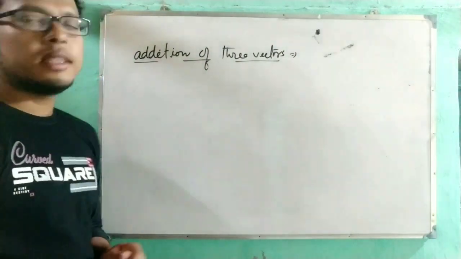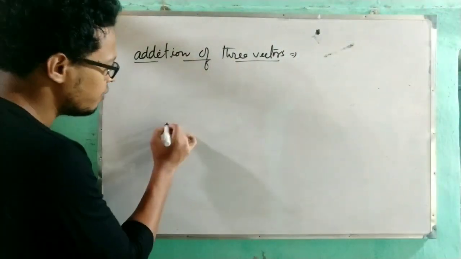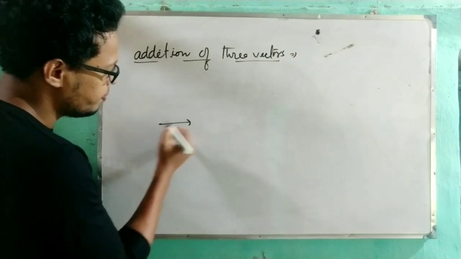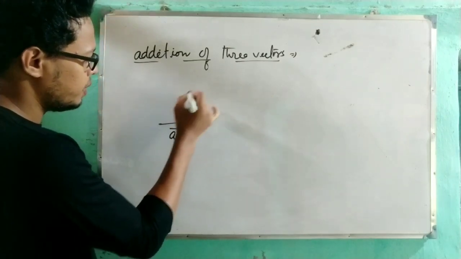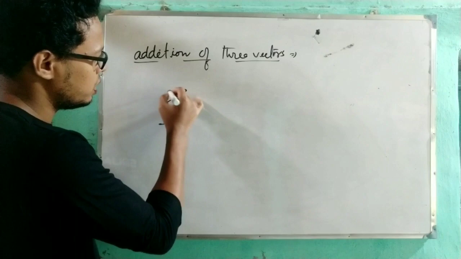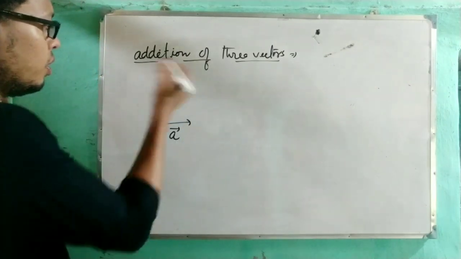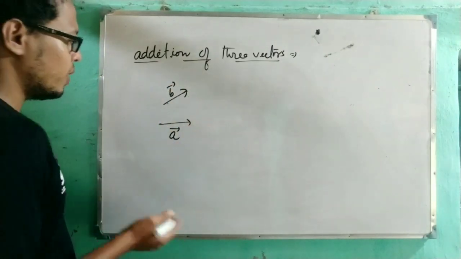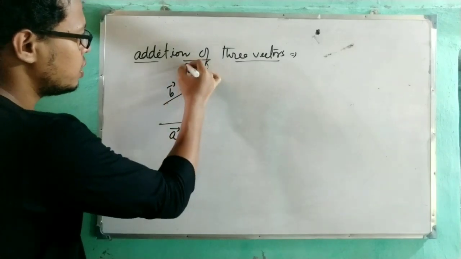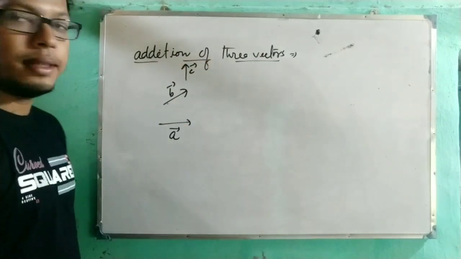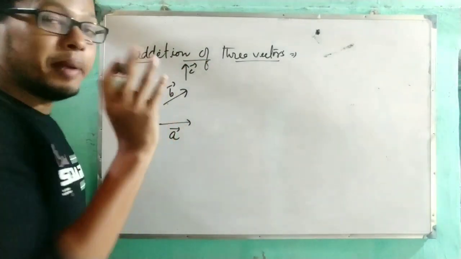If three vectors are given, then see, this is a vector and another vector is given, suppose this is b vector, and one more vector is given, like this, c vector. How to add them? See, by parallel shifting.